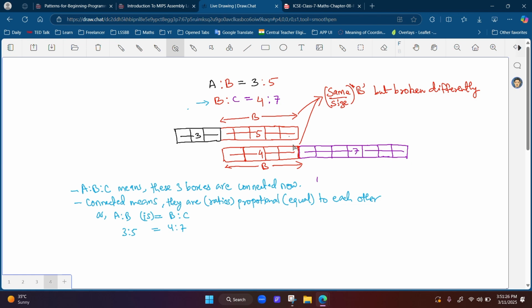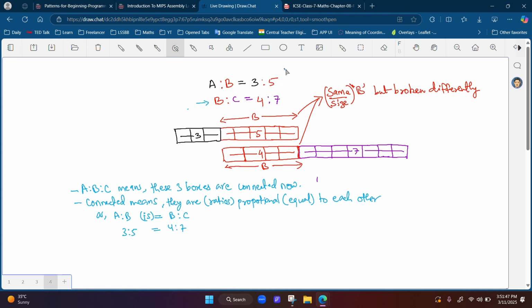So these red boxes should be of the same sizes because B is appearing twice in two ratios, which means we have to keep the B size same.